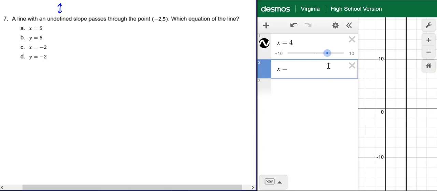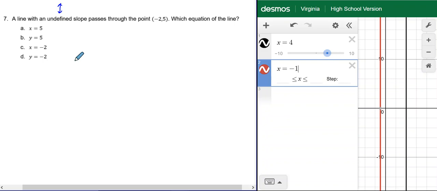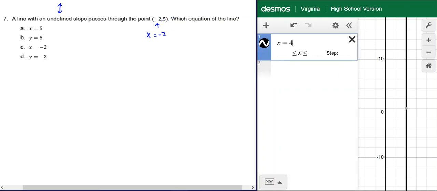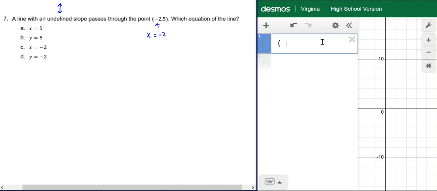Here's another one, -1. So anytime I need a vertical line, it's always going to be x equals. And if you wanted to go through this point, just pick the x coordinate of that. So x equals -2 would actually go through this point. Let me show you. -2 comma 5.